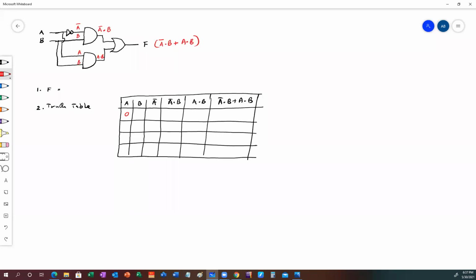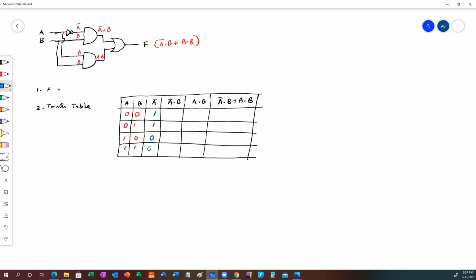Here you have 0, 0, 0, 1, 1, 0, 1, 1. Then A bar is, what is it? A is 0, 0, 1, 1. Then A bar is 1, 1, 0, 0. The inversion of that part.